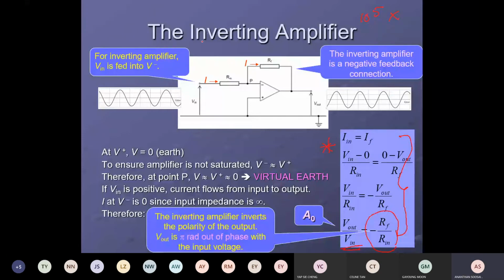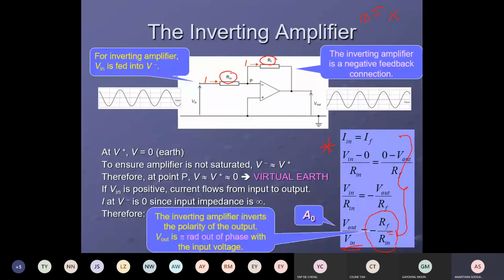But for the inverting amplifier, the one with a feedback, the gain Vout over Vin has a formula: negative RF over Rin. What is RF? It is the feedback resistor. Whatever resistor is connected in the feedback wire is called RF, the feedback resistor, and the resistance at the input is called Rin.